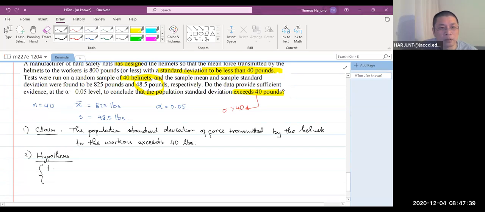null hypothesis, alternate hypothesis. The test here is on population standard deviation. So that's sigma, not sigma squared. That's sigma greater than 40, which is the claim. And therefore, that's a right tail. Do you remember why we call that right tail?